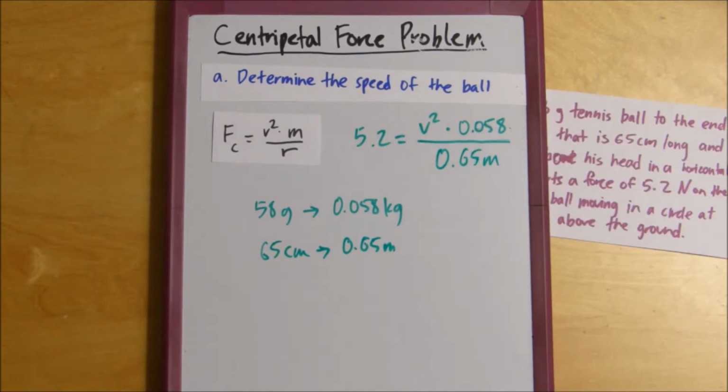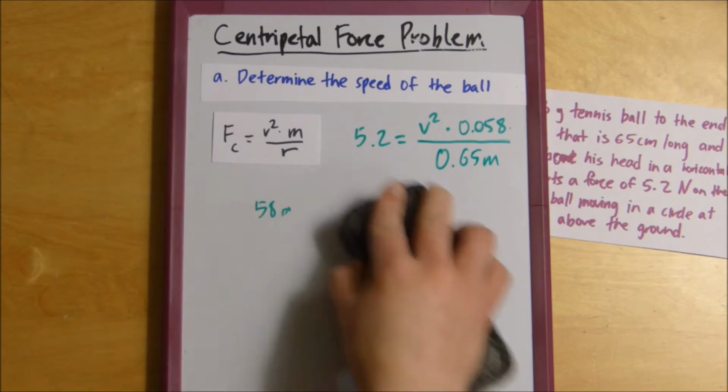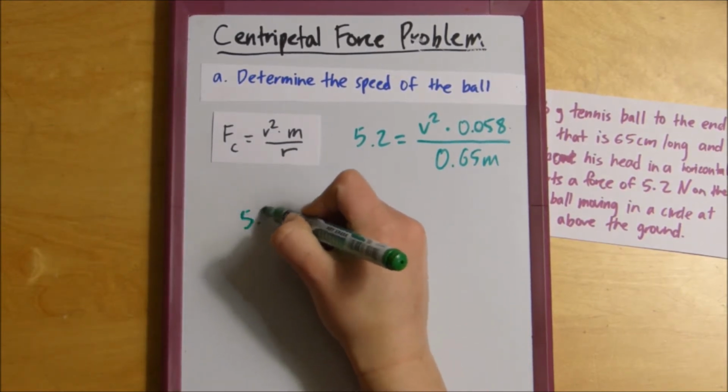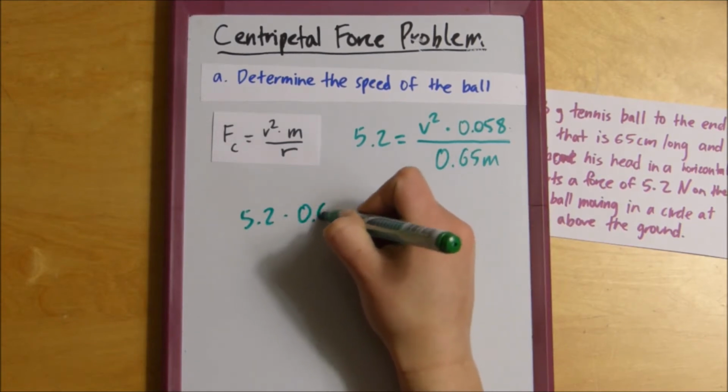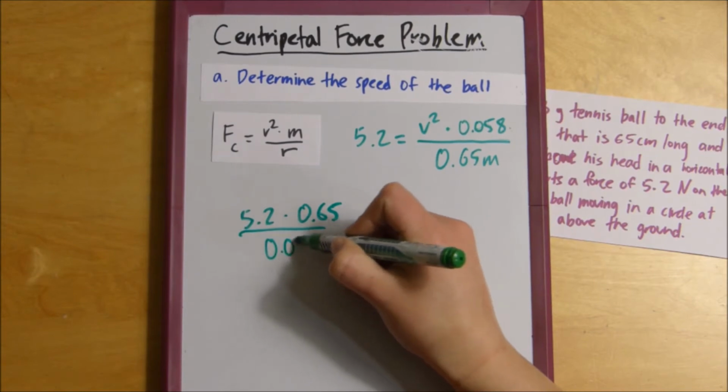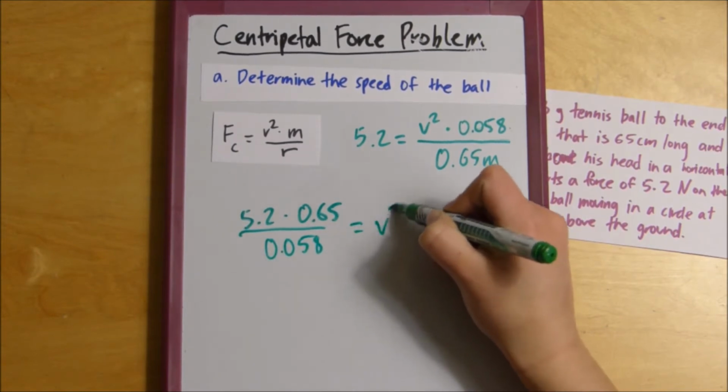Alright. And then we multiply across: 5.2 times 0.65, and then divide by 0.058 to get v squared.